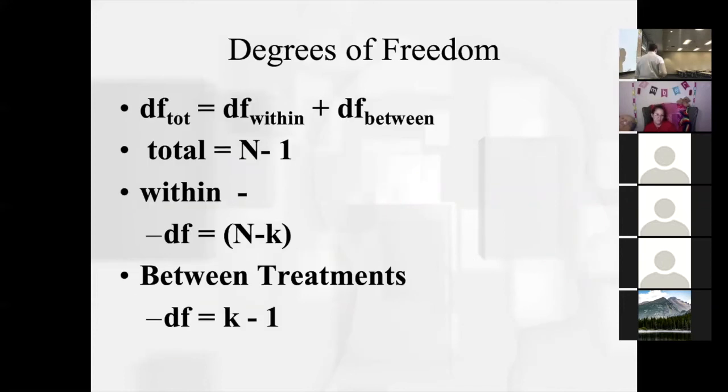For your degrees of freedom, the degrees of freedom total is just like we had before. It's just the number of observations minus 1. For your degrees of freedom within treatments, just like before, it's going to be number of observations minus the number of conditions.